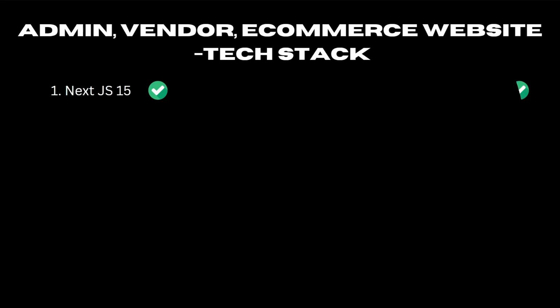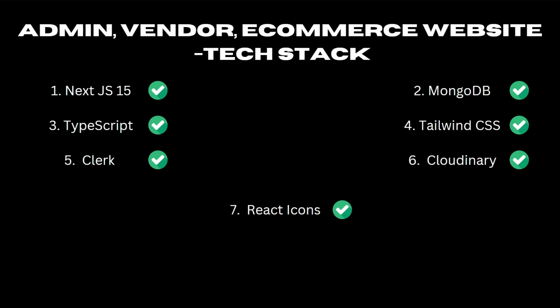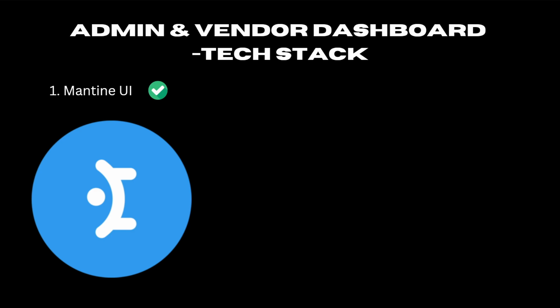We are going to use MongoDB for our backend. We are going to use TypeScript, Tailwind CSS, and Clerk for user management, Cloudinary for asset management, and we are going to use React icons in order to work with icons. Now, coming to the admin dashboard and vendor dashboard, we are going to use Mantine UI, guys.